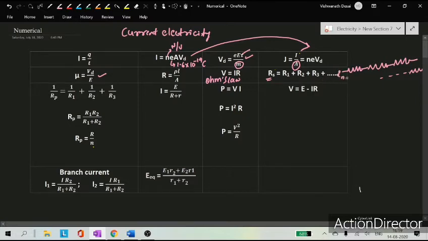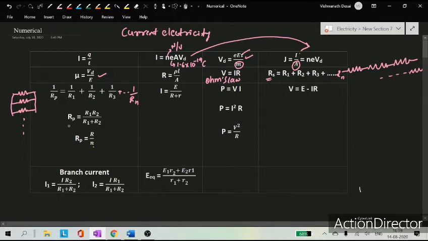If many resistors are connected in parallel, the equivalent resistance is given by 1/Rp = 1/R1 + 1/R2 + 1/R3 and so on up to 1/Rn.